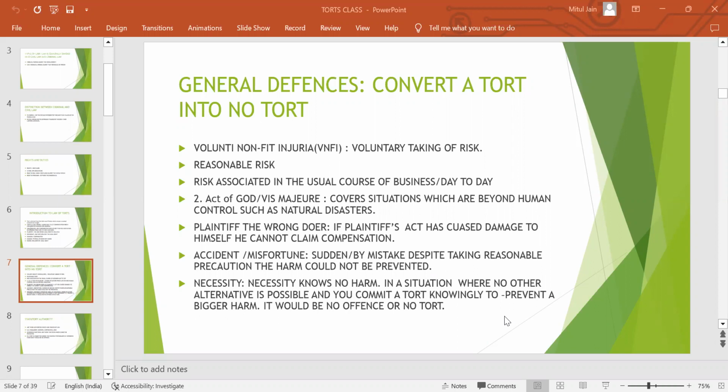But there is another way, which is if the captain turns the ship towards the right. But then there is a small boat carrying 5 people, and they would be killed. Now, in order to save 500 people, suppose the ship turns towards right and ends up killing those 5 people, but ends up saving 500 people on the ship.